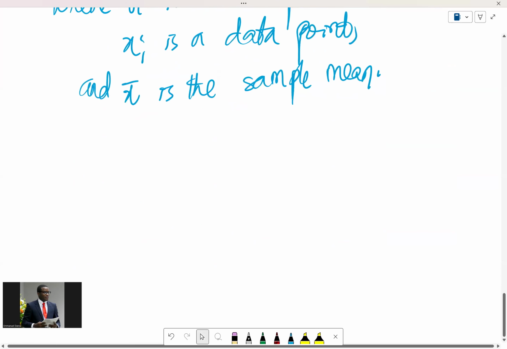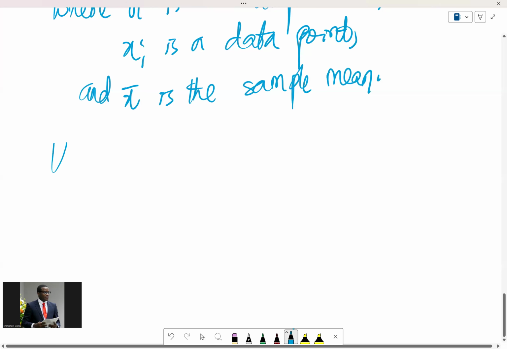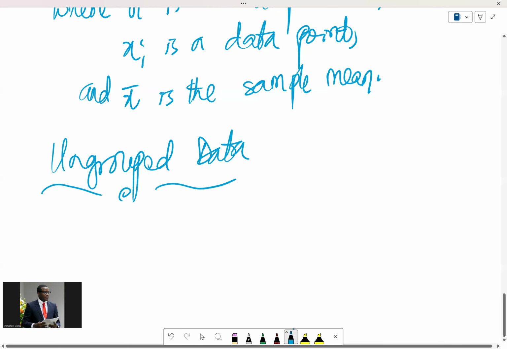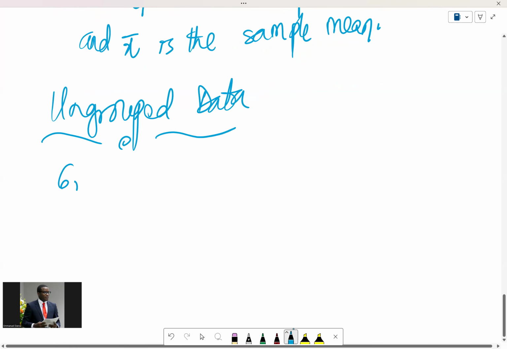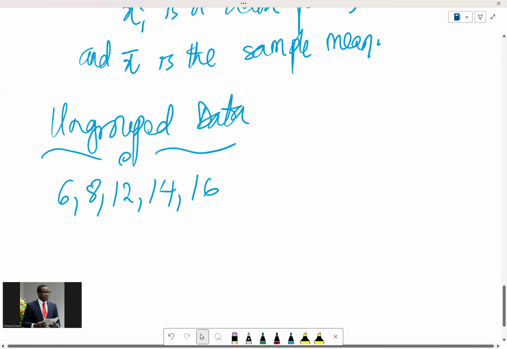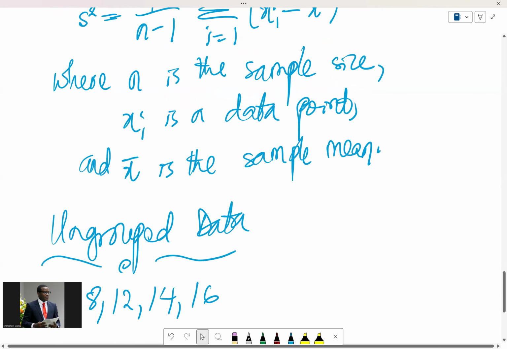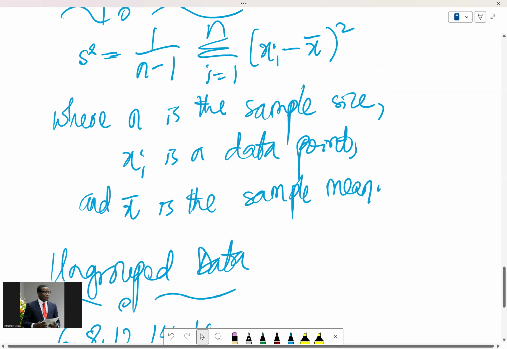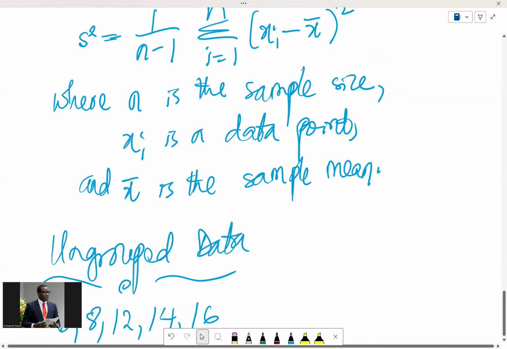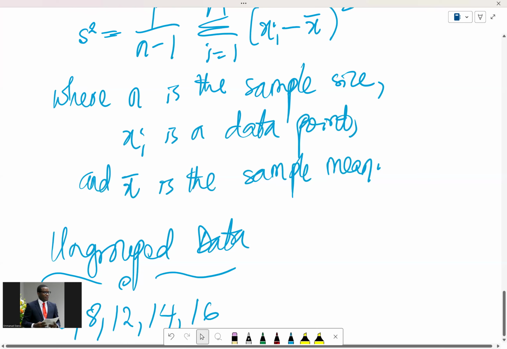Okay. Now let's do that for ungrouped data first. Let's do variance for ungrouped data. Imagine you have this data set: 6, 8, 12, 14, and 16. You want to calculate variance. Don't forget, in this case we can consider this as a sample, except if you're told it's the whole population.